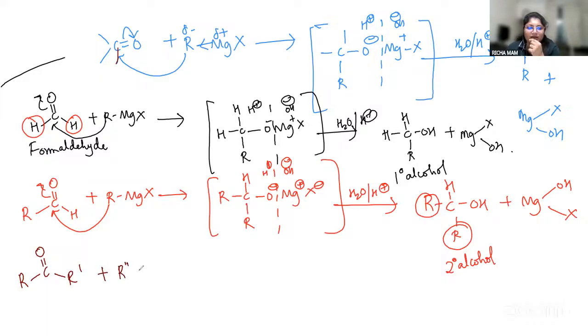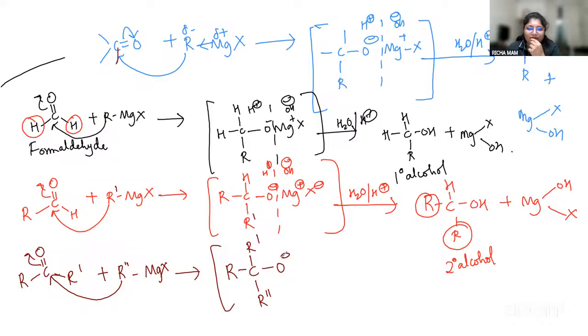Let us take RMgX. This will polarize, and what I'm going to get is R, C, R dash, R double dash, O minus Mg plus and X. Here I'm going to add H, here OH, in the presence of acid hydrolysis.